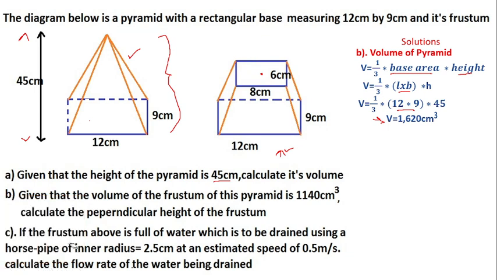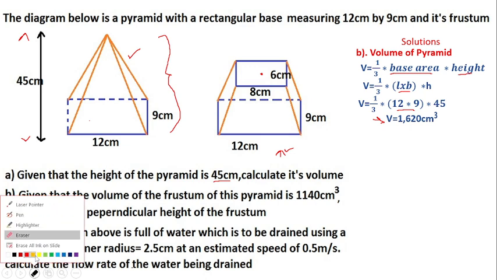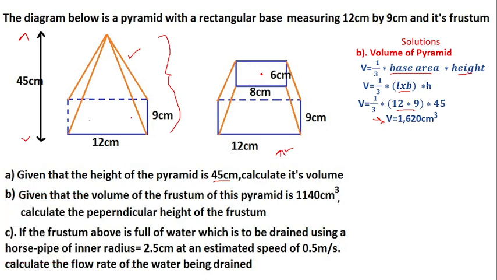So the top part is the only part which is missing, meaning that the volume of this pyramid, which we have calculated, which is 1620 centimeters cubed, if we subtract the volume of this frustum without the top part, the volume that we are going to have will be the volume of this top part.